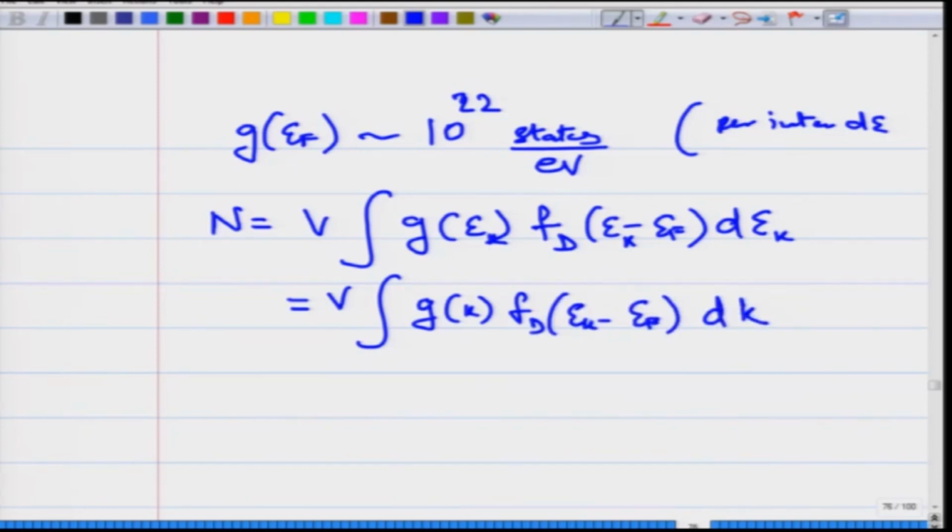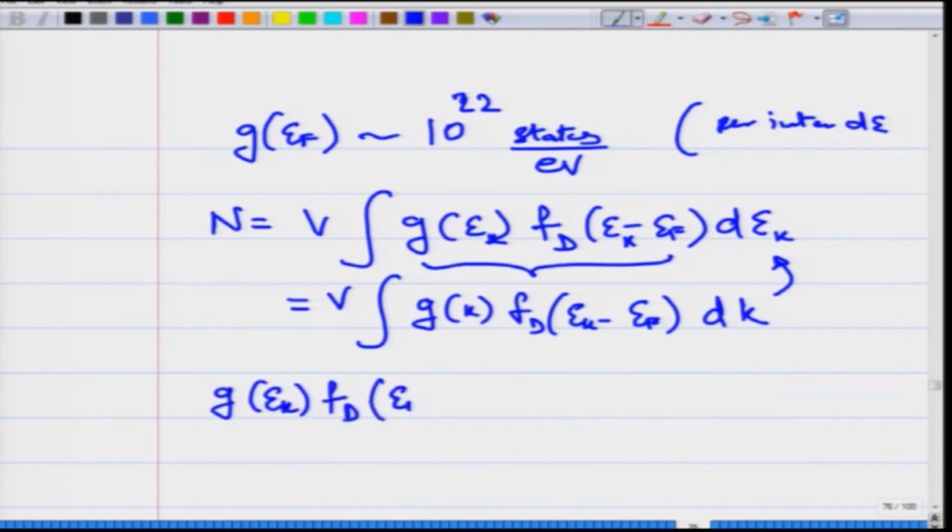But G(k) dk is equal to G(E) dE, and so you can rewrite this expression equivalently like this. And here there is a product of the density of states at energy Ek into the Fermi Dirac distribution (Ek minus Ef), or you can also replace it by the chemical potential mu.